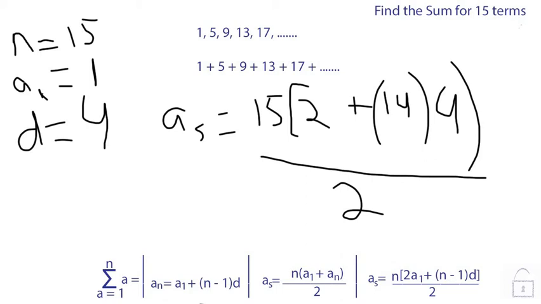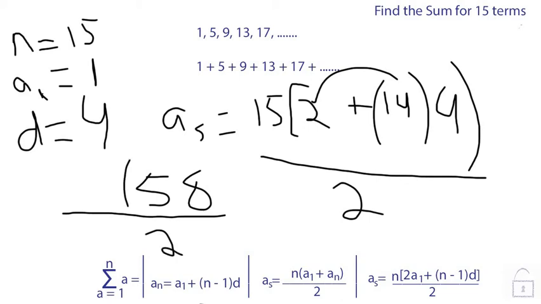So we get 14 times 4 plus 2. So 14 times 4, rewriting this, that's equal to 56. So 56 then plus 2 is equal to 58. And we have to multiply 58 by 15.